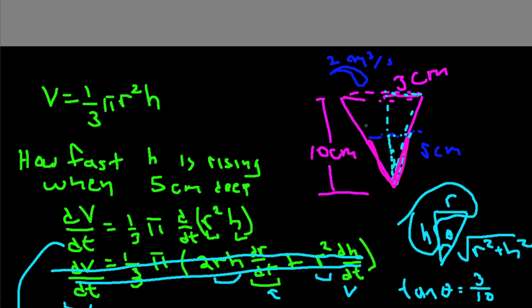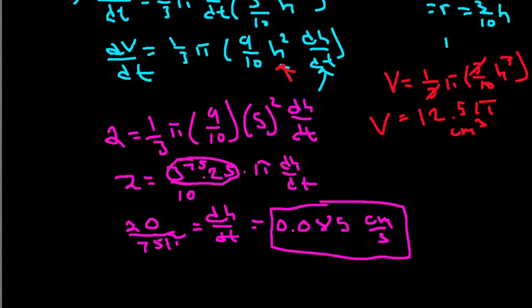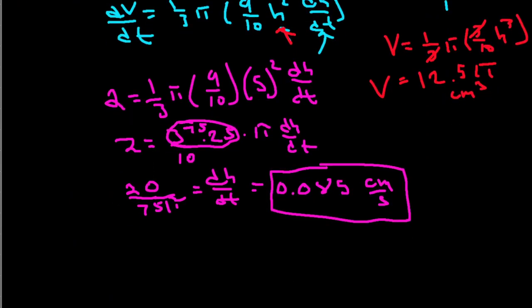The full volume of the cone is 1/3 times pi times the radius squared, which is 9, times the height. The full volume is 94, divided by 2, so it's going to take 47 seconds to fully fill up.